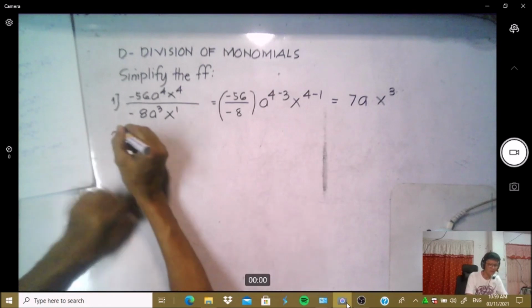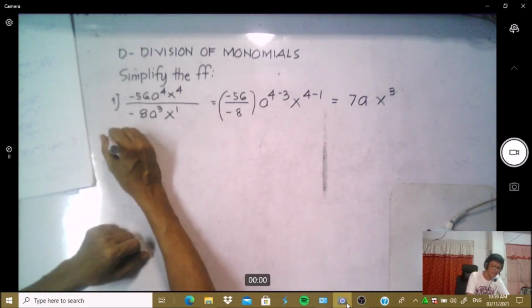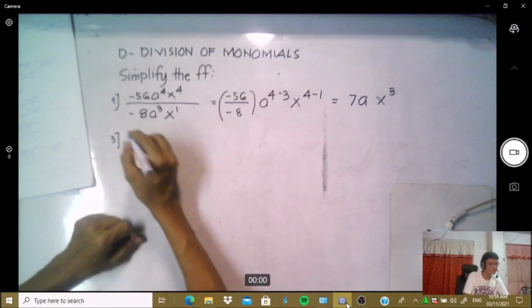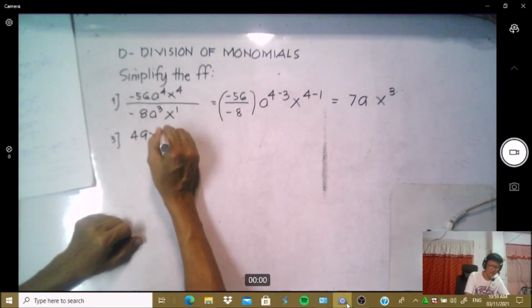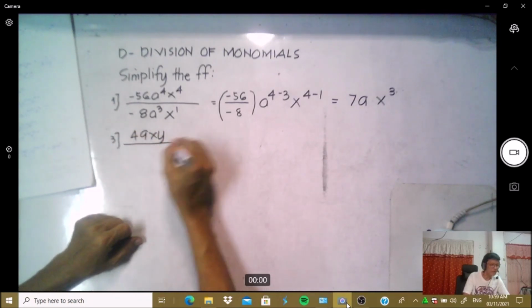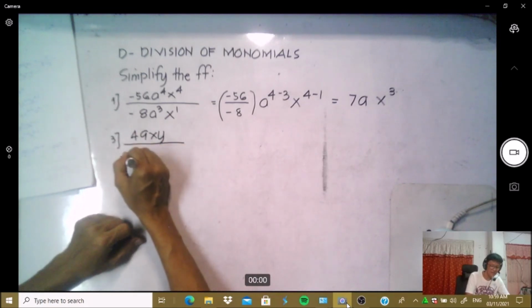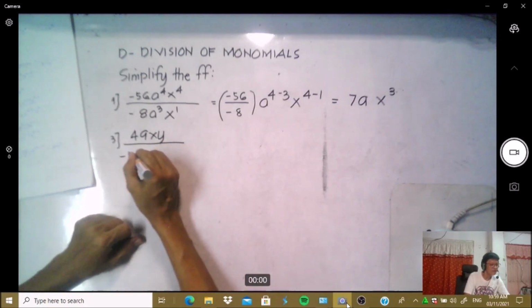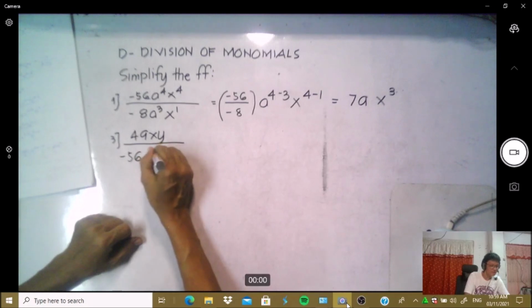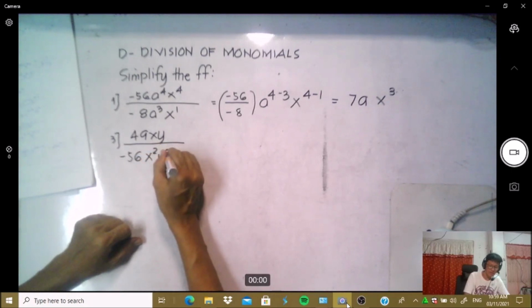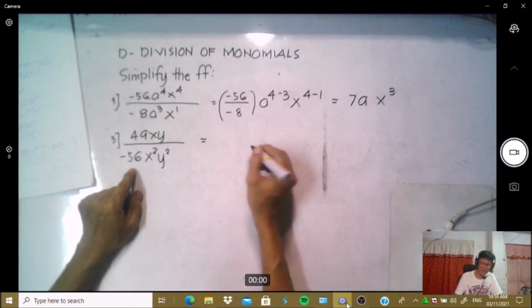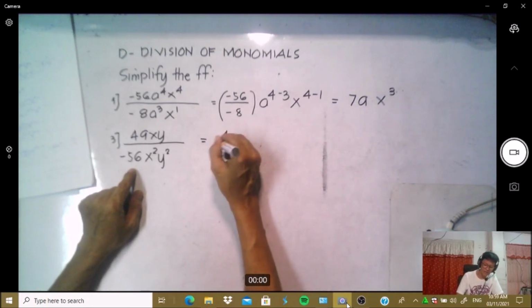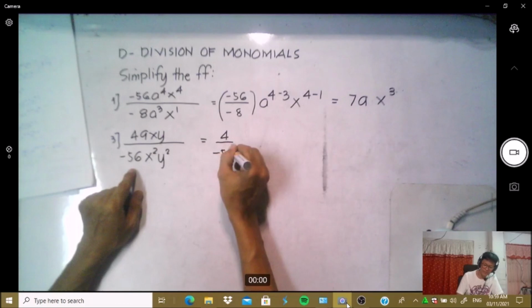For number 3, we have 49xy divided by negative 56 x squared y squared. Now this time, 56 is larger than 4. So we have 4 divided by negative 56.